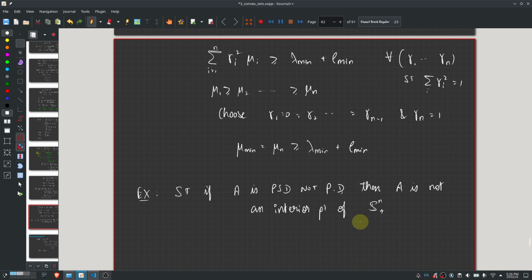Because we've shown that every positive definite matrix is an interior point, but we've not really shown that matrices which are not positive definite are not interior points. But this again uses a very similar approach. You will see that at one point something breaks down.